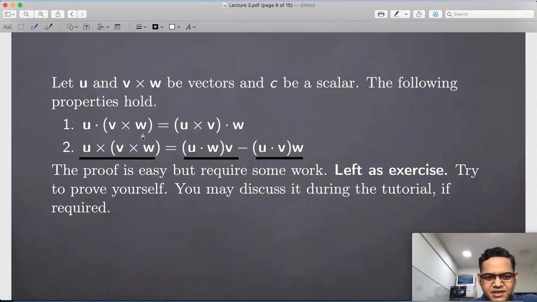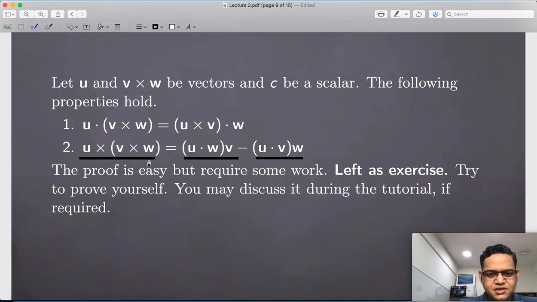This property may require a little bit of extra work, but it can be proved if you just follow the definition. There is absolutely no trick or non-trivial calculation. It just follows, but right now I am leaving it as an exercise so that you write it down and use all the properties we have learned.